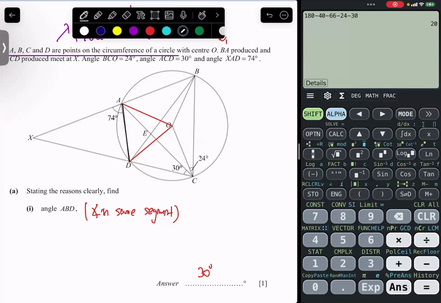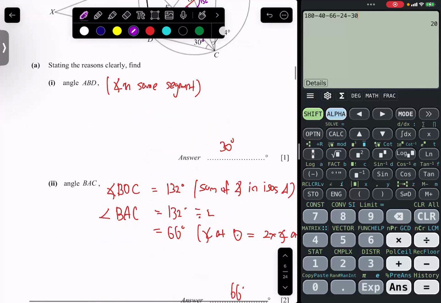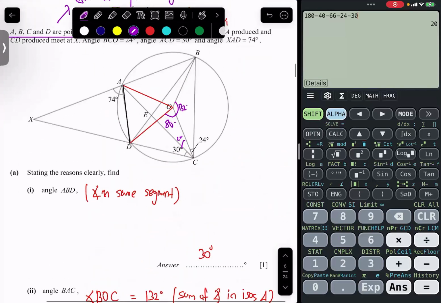Now, angles at a point. This tells me that this is going to be 132, right? And then this is 20 degrees. So this is 80 degrees. And then we have B. Do we have BAO? No, we have BAC.